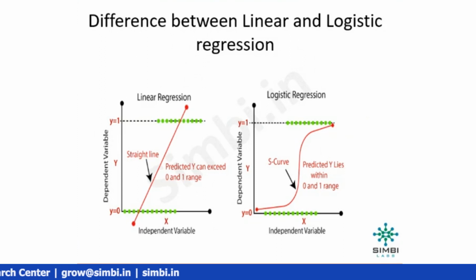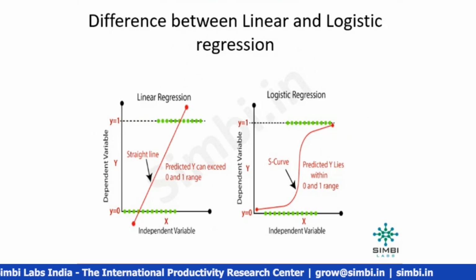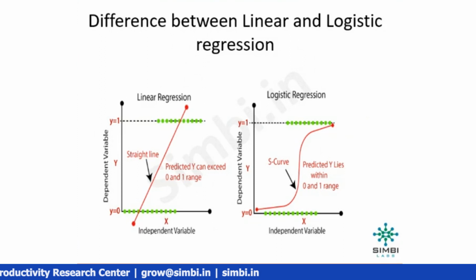In logistic regression, the dependent variable, which is the response variable, is categorical and represents the outcomes. It is typically binary, such as yes or no, pass or fail, or 1 or 0. The independent variables in logistic regression are the predictors.